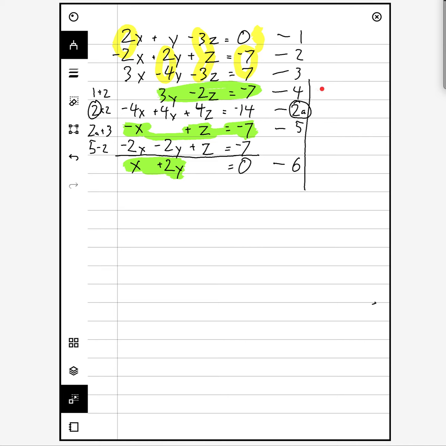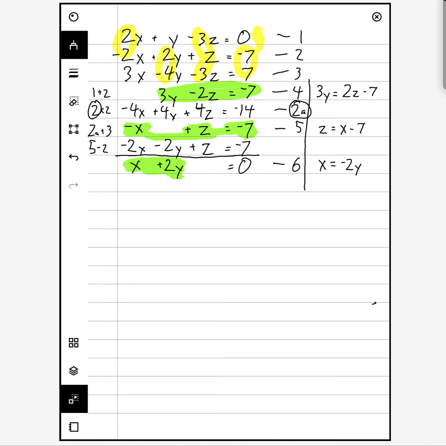These are ways that we can just make y equal something, and then we can substitute that into some other equation and get rid of it. 2z minus 7. z is equal to x minus 7. We have a y and a z, so let's make this one x is equal to -2y. All right.